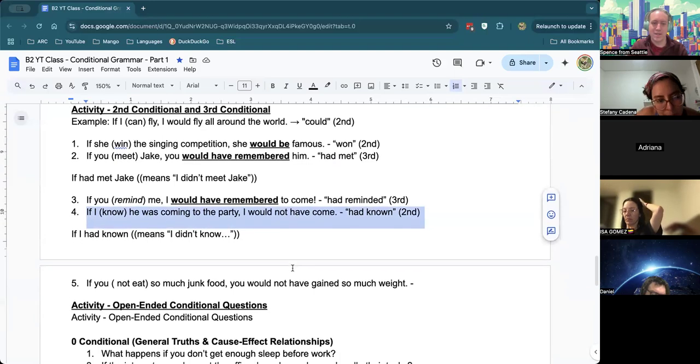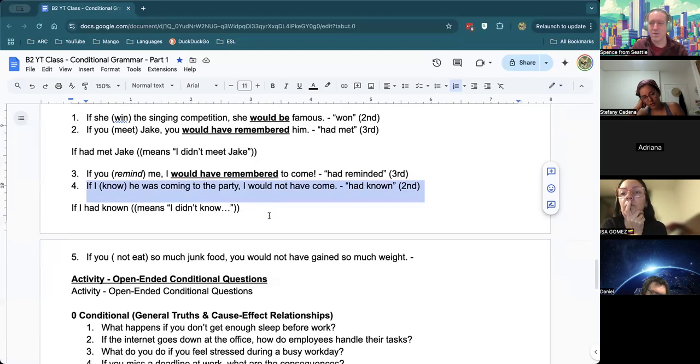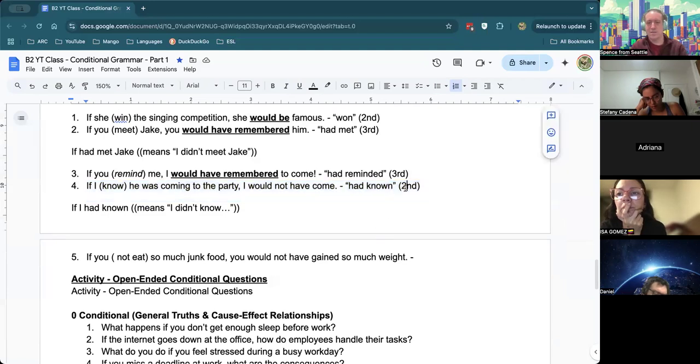That it's telling us that if I had known that, if I'd had that information, I would not have gone, which means it's likely that they did go to the party. Okay, great job, Adriana. And the third, no second. Yeah, change that to third. Good catch.